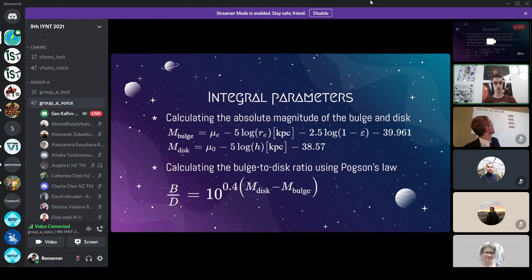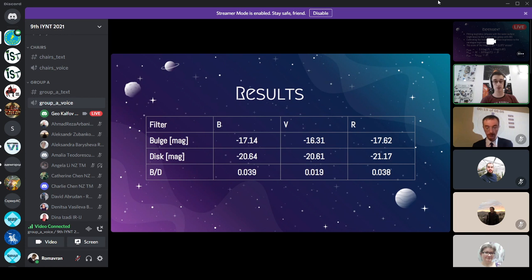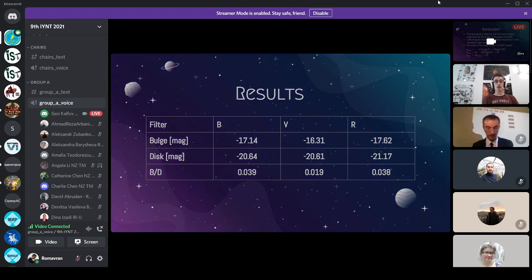And then we used the brightness at that radius, which is the effective brightness. We calculated these parameters and then obtained the relation for the bulge to disk luminosity ratio using Poisson's law. The result obtained for each of the filters is displayed here in this table.